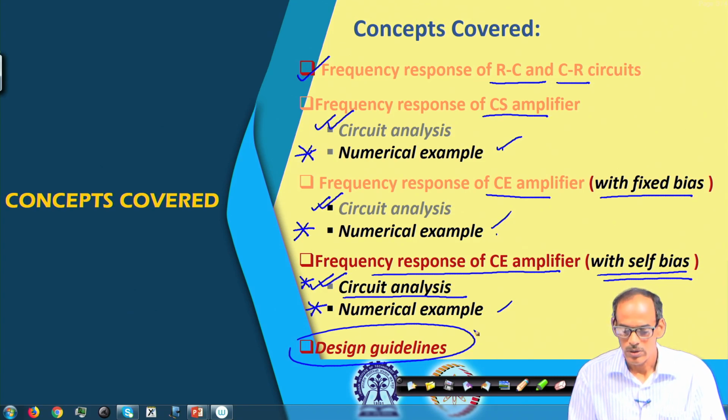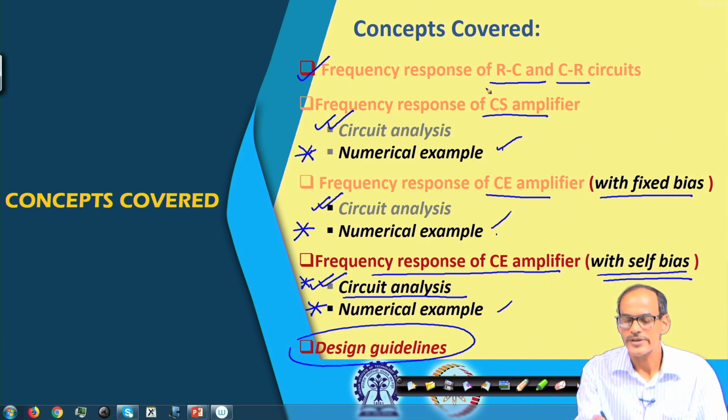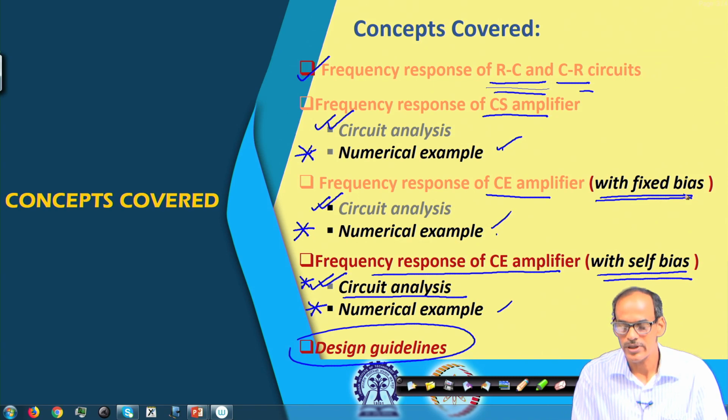Since we are going to start from the previous topic where we left, we need to just recapitulate some part of it, particularly the RC circuit and CR circuit analysis, which has been deployed for fixed bias circuit, and then we will be moving to the common emitter amplifier with self bias.